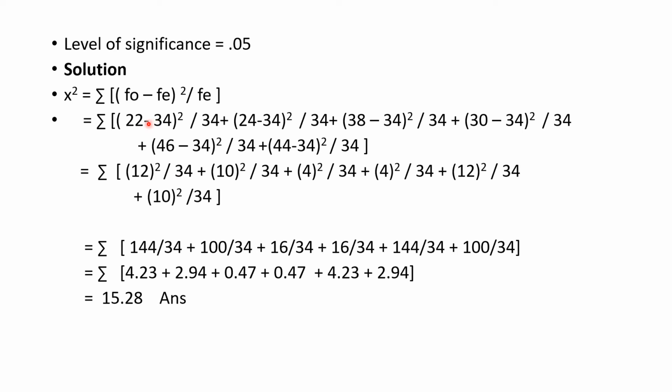So this whole equation is simplified as 12 whole square divided by 34 plus, now the second value, 24 minus 34, the answer would be 10. 10 whole square divided by 34 plus 38 minus 34, it is 4. 4 whole square divided by 34 plus 30 minus 34, the answer is again 4, divided by 34 plus 46 minus 34.